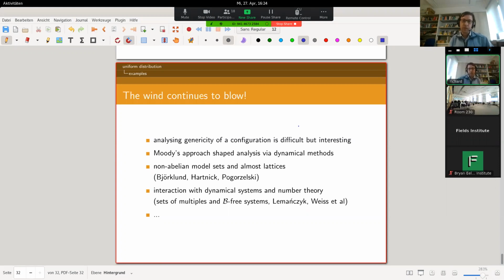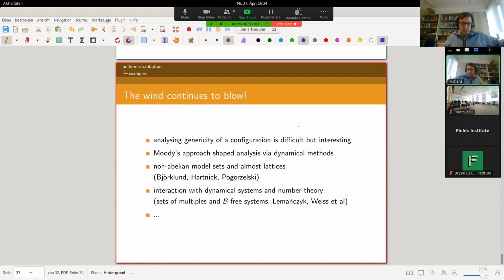And of course, there are people working on non-abelian model sets and also almost lattices, the names being Björklund, Hartnick, Pogorzelski, where all of these structural insights might also be applied. And of course, we have a big interaction with dynamical systems and number theory in these examples of sets of multiples and B-free systems, with people working on this like Lemańczyk, Weiss and others.